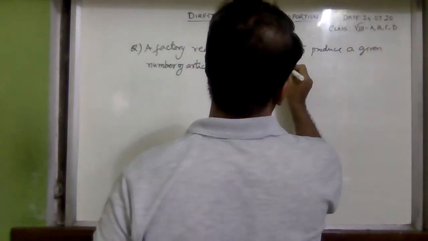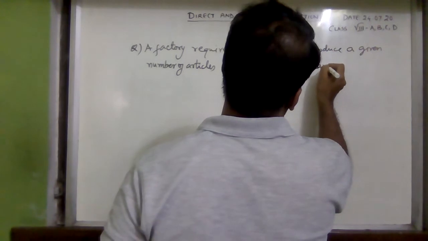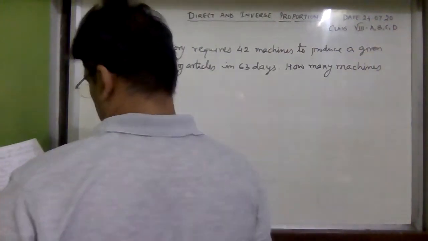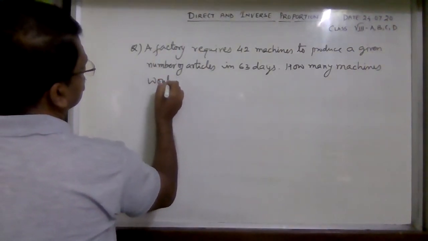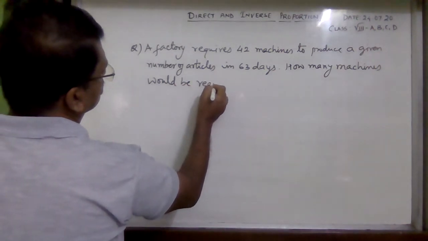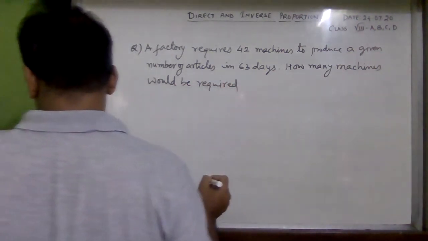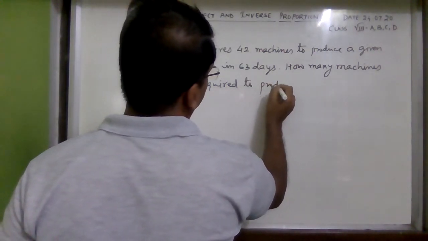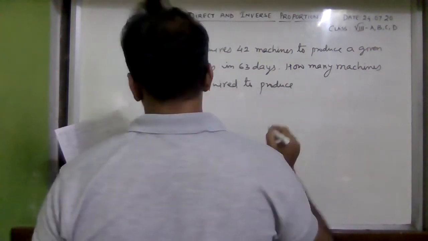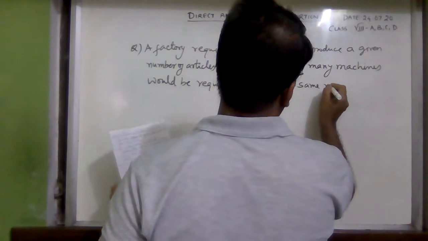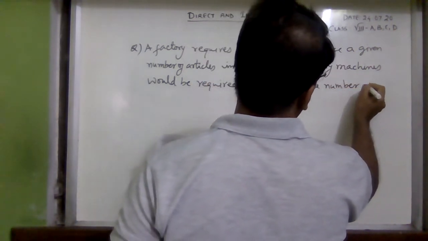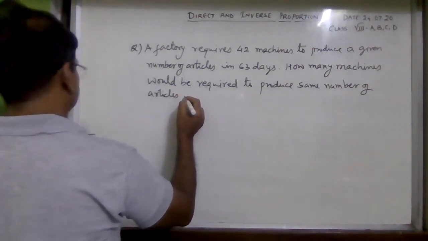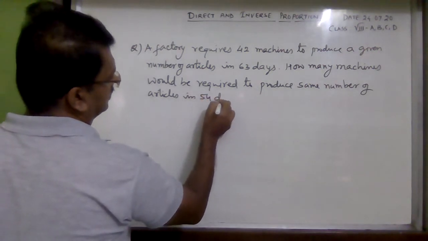How many machines would be required to produce same number of articles in 54 days.